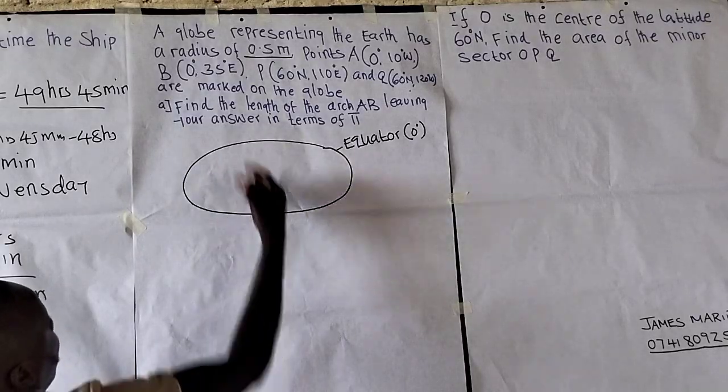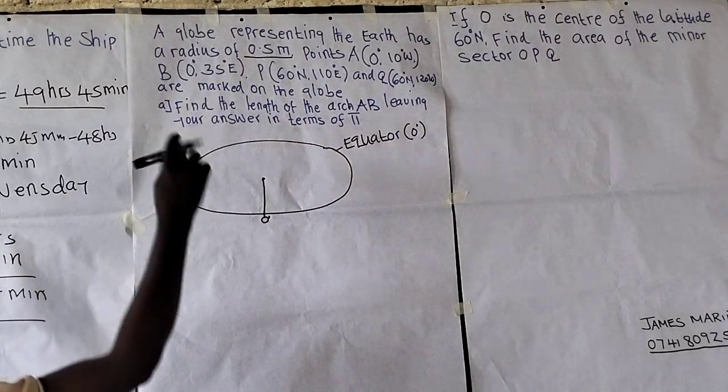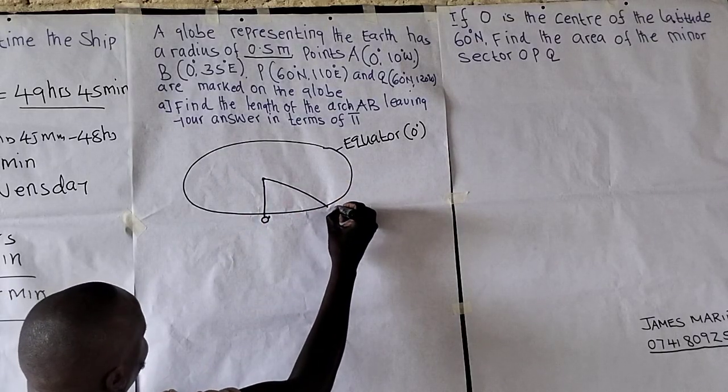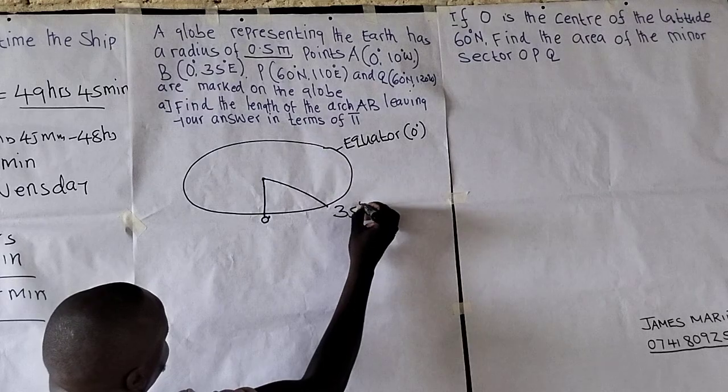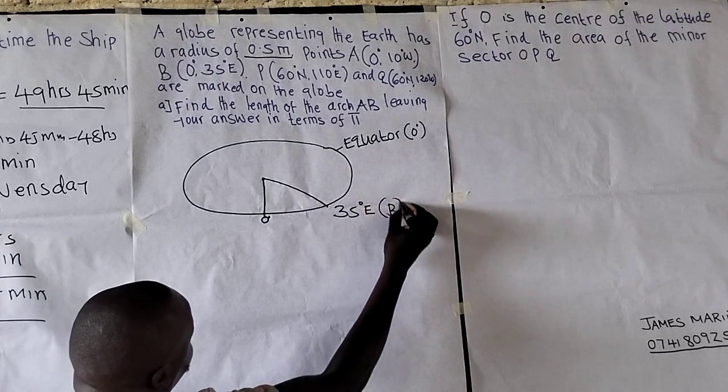From 0 degrees along the equator, we have 35 degrees east. This is where we have our point P.